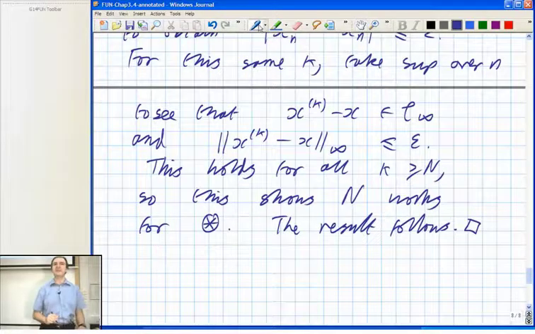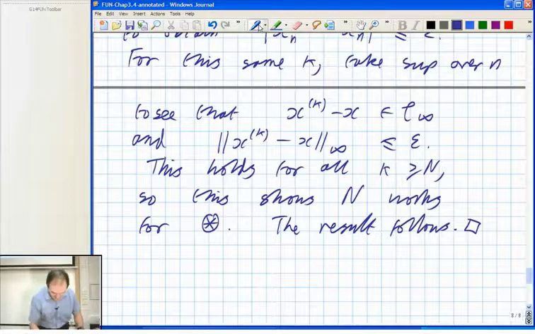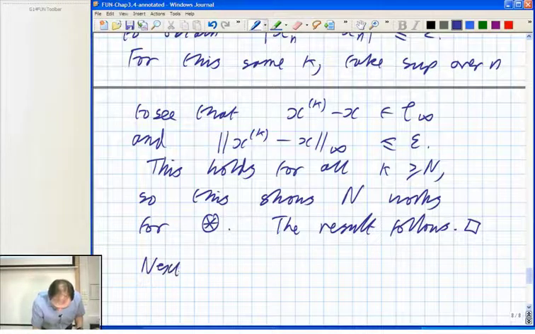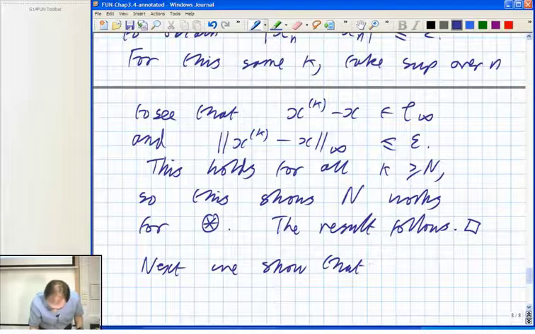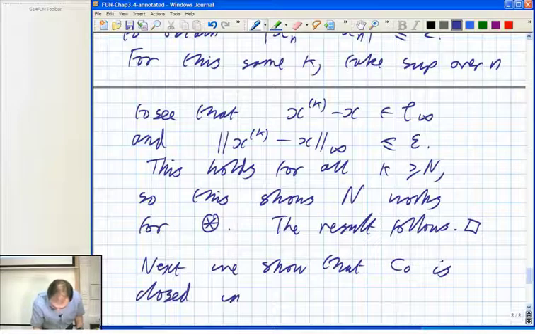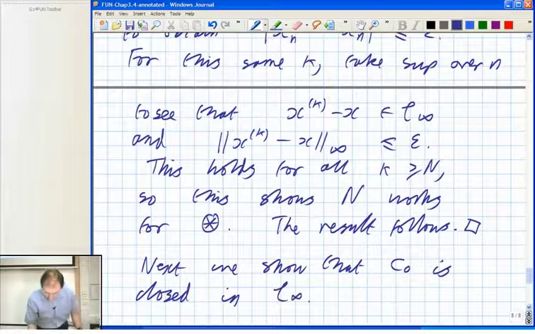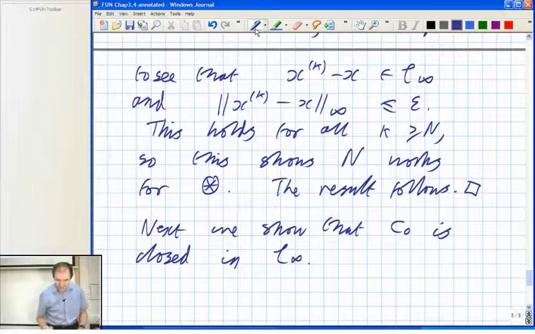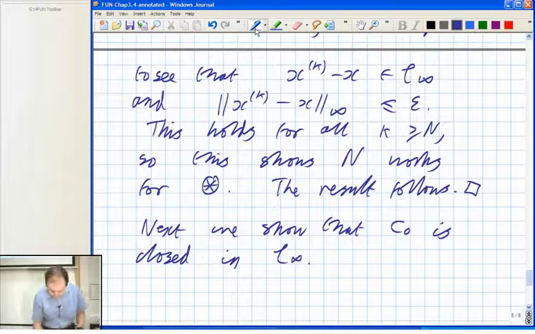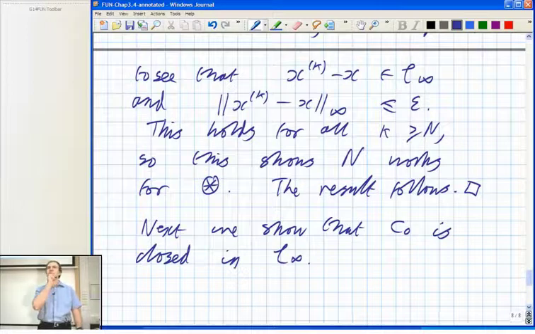Because that will handle two of the other statements at the same time. I wonder, usually I do this using sequences, but I wonder whether I should try and do it by showing the complement is open for a change.